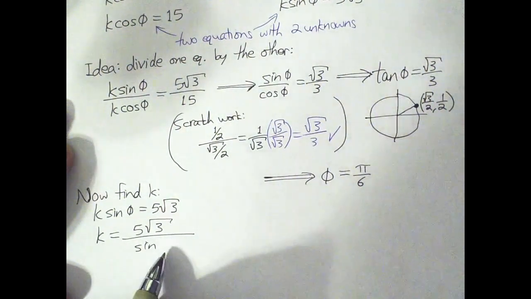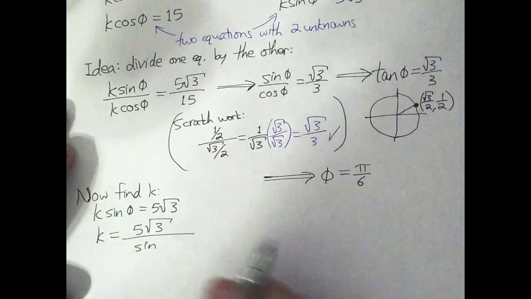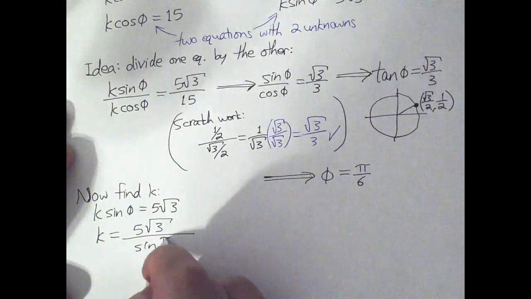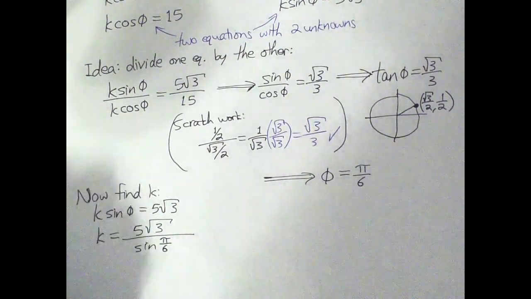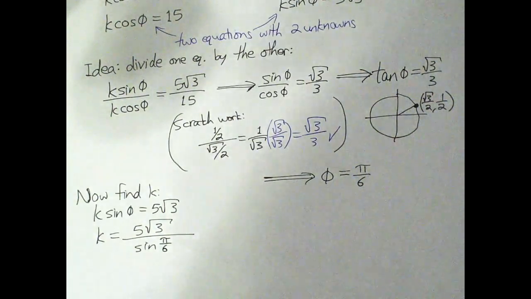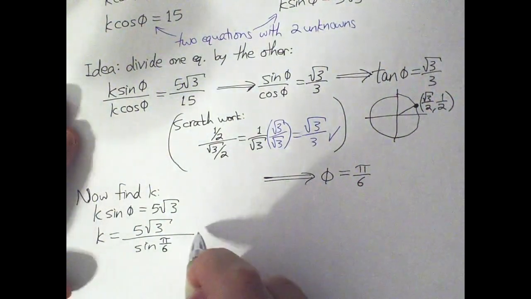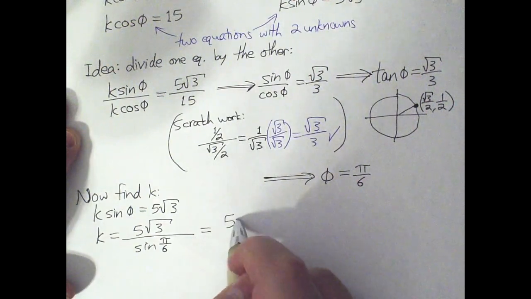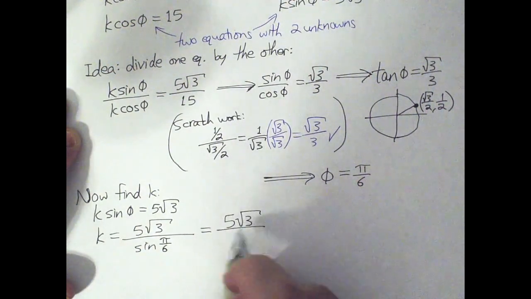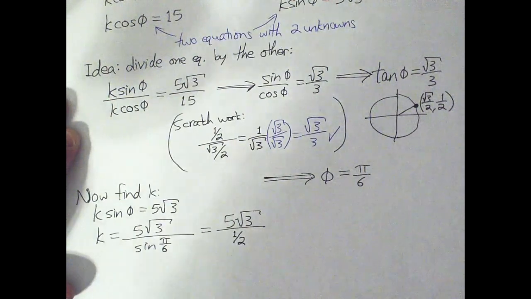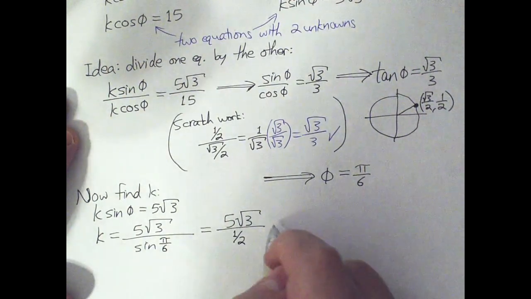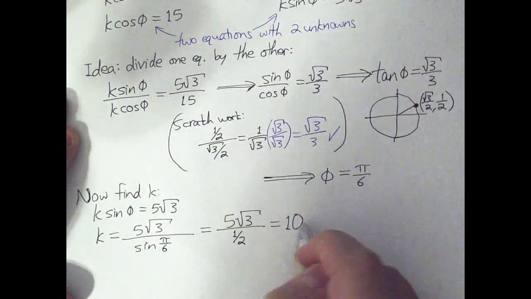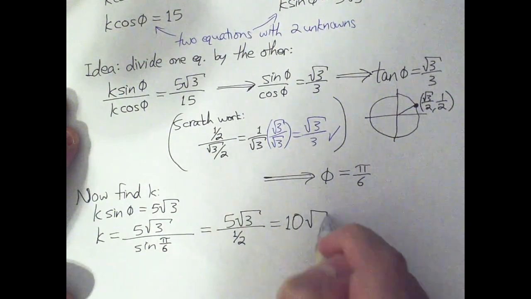I was about to write phi, but let's just actually put in pi over 6 because we know pi over 6 is the value now. In that scratch work above, we already found what sine of pi over 6 is. It's 1/2. What's 5 divided by 1/2? 5 divided by 1/2 is 10.